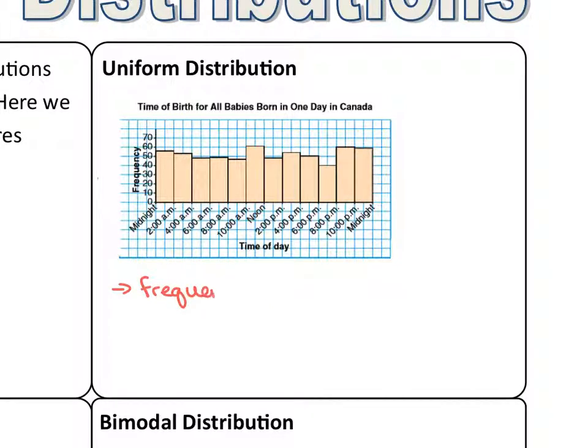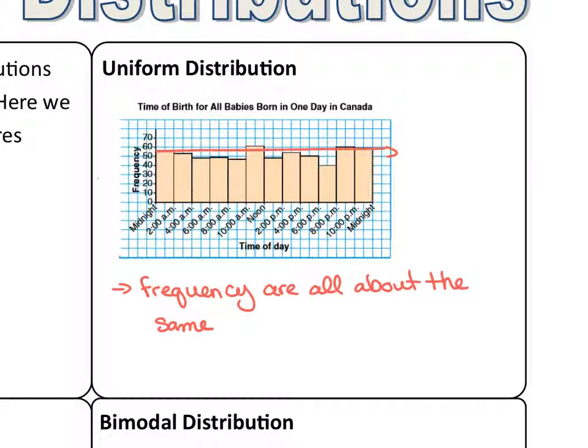So you can say that all of them are kind of even frequency, all about the same. Which means you can usually just draw a nice line across here to say they're all about that frequency. So they're even. Some are a little bit higher, some are a little bit lower, but they look about the same. There's no real high point or no real low point.